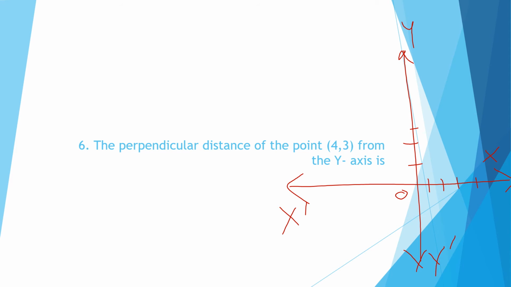So suppose our point is this A, 4, 3. So its perpendicular distance from the y-axis is, clearly you can see, 4 units.